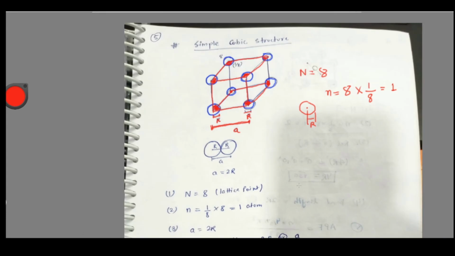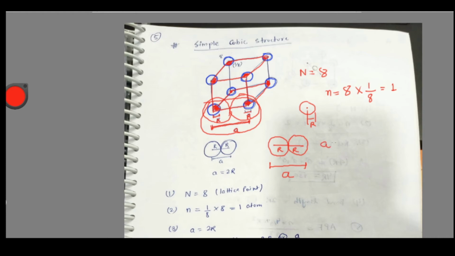Okay, and the relation between A and R is like this. This is the edge A. Here I am drawing this part. It is not that these atoms are separated from each other, all these atoms are touching each other. So here one atom, here one atom, these are touching, and this is r, r, which is 2r.